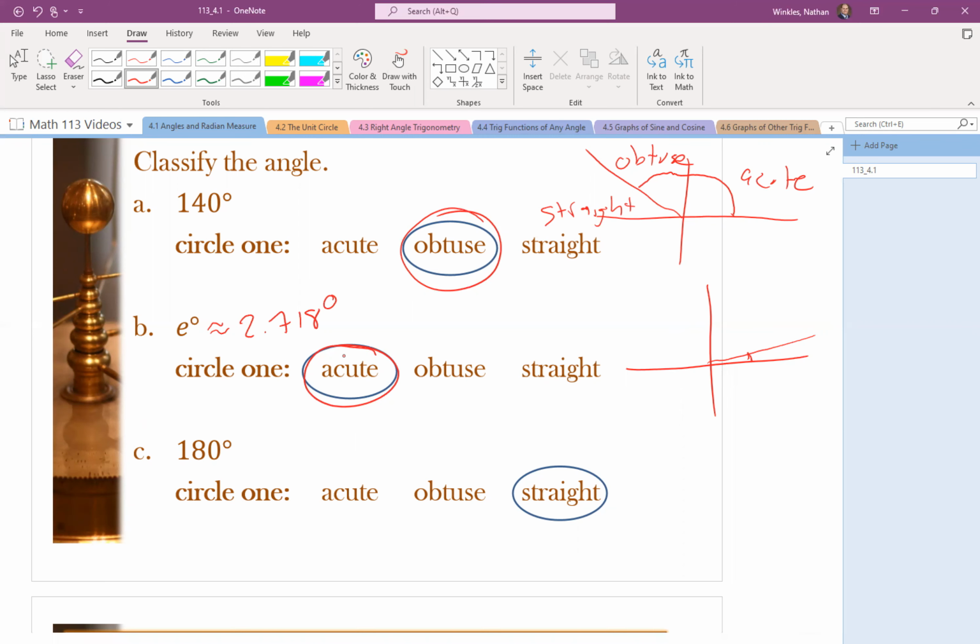The last one is 180 degrees. So if we draw our line, this would be our 180 degrees. That gives us a straight angle because it ends on the x-axis. So we've got to make sure that we understand how to classify angles, so that we can easily get an idea of where they start and where they stop.